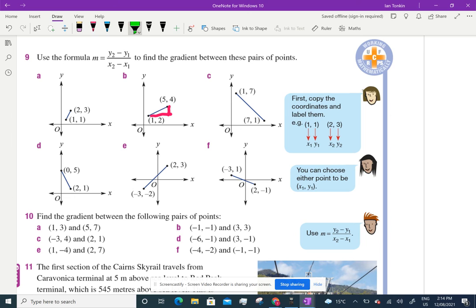How far is it? Remember the y values are here. How far is it from 2 to 4? It's 2. How far is it between the x values? How far is it from 1 to 5? That's 3. So the gradient is positive, and it's 2 over 3.